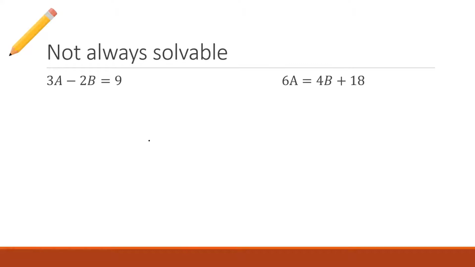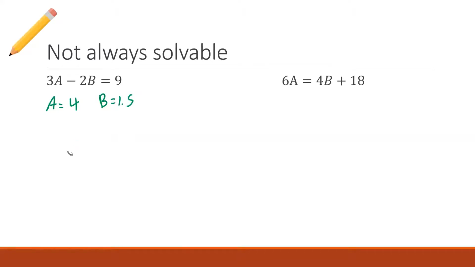Let's say, if A was 4, so that'd be 12 minus 2b equals 9, and therefore B must equal 1.5. A equals 4, B equals 1.5 happens to be a solution to the above equation.